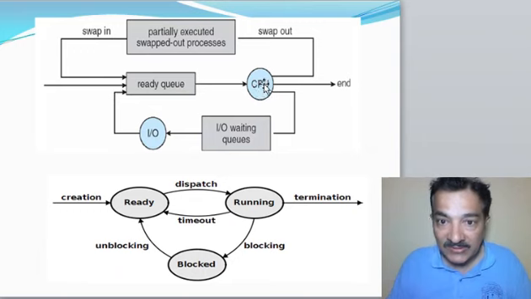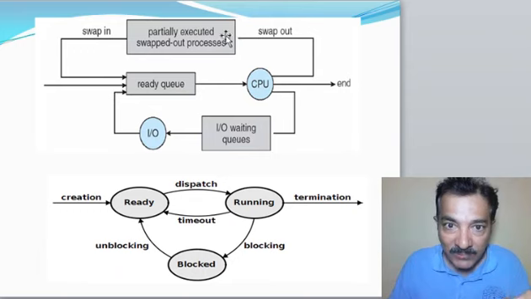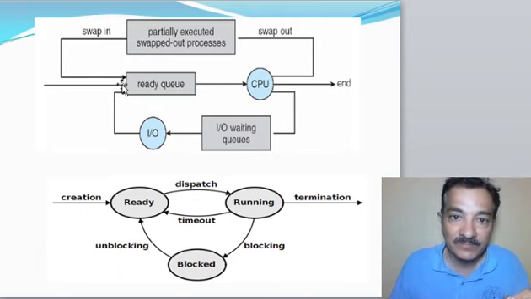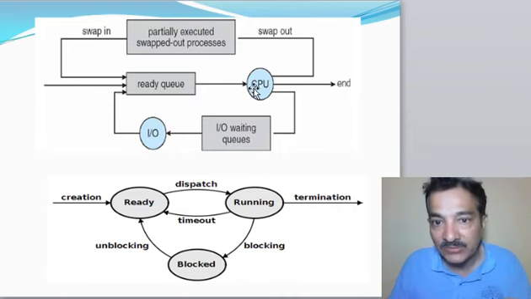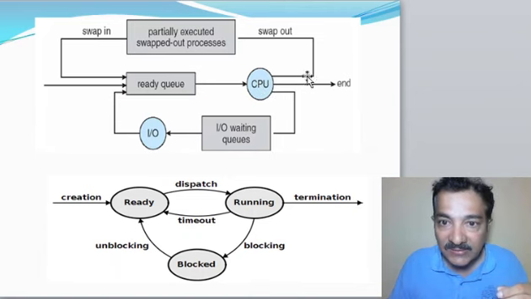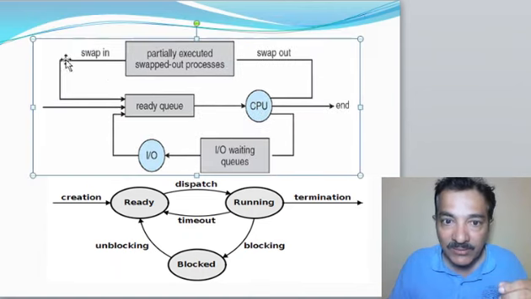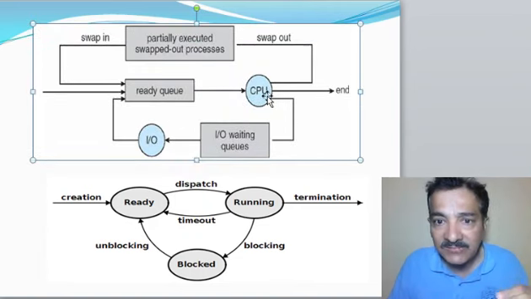Once the CPU starts executing, as we have seen in the earlier timing diagram, it will execute process A for some time, and after that it will stop process A. So it's swapped out and again put to the back of the queue. Now the front of the queue will be process B. So B will go for execution, and B will also get executed for some time. Then that is swapped out and put to the back of the queue, and process C will go for execution.